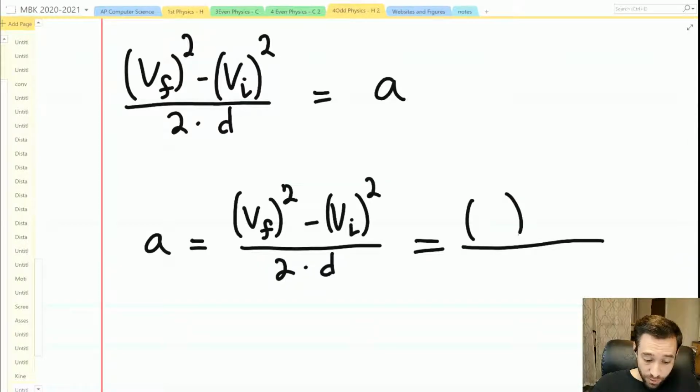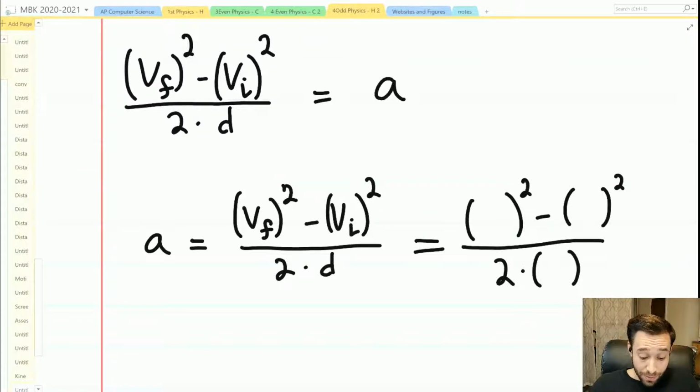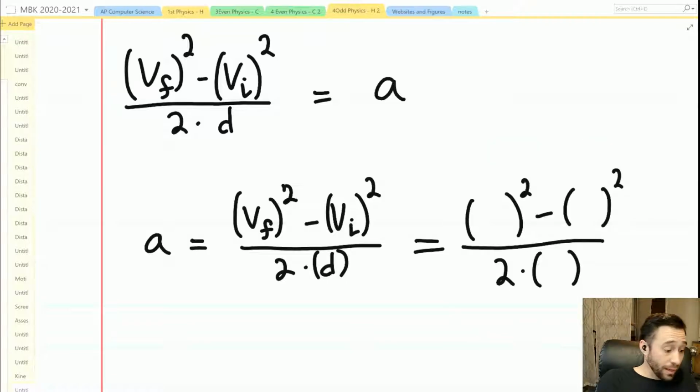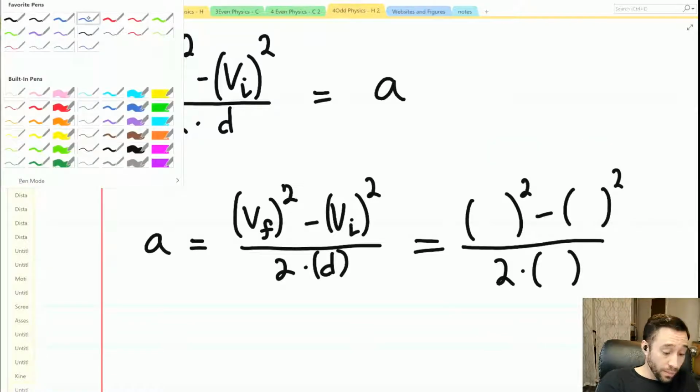So when I do this, this part right here may seem tedious, but I promise you, if you rewrite it, it will save you a lot of strife and heartache because it will prevent you from making this a plus by accident or forgetting to put a square. So wherever my parentheses are, I copy that down without the variables, and wherever the variables were, that's where I plug in the values.